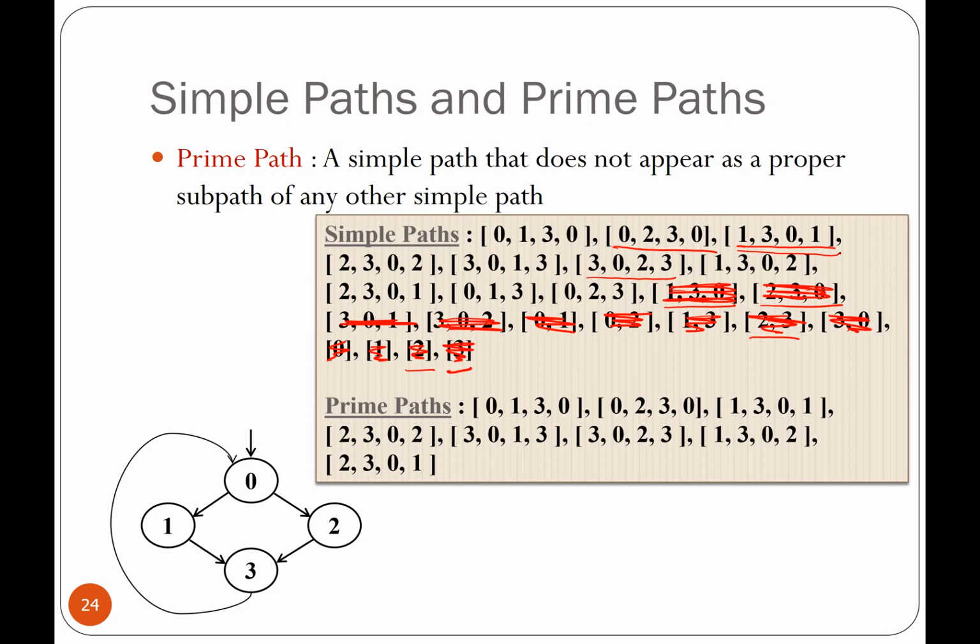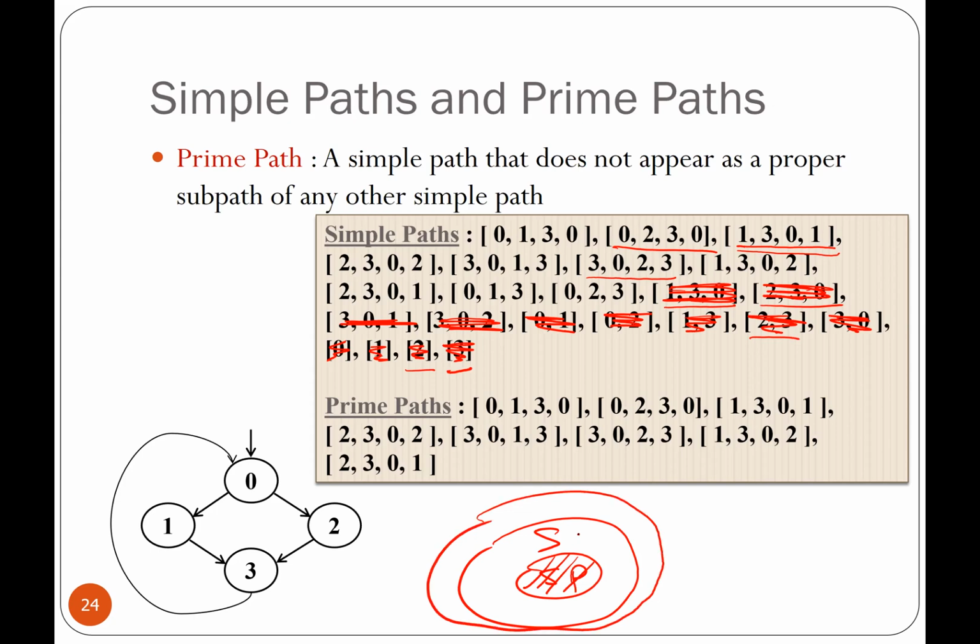And again, you can see I started off with a smaller simple path, and then I found a bigger one, so I crossed out that smaller one as a prime, and then even the bigger one, I found a bigger simple path to make this one not a prime path anymore. Okay, 0, 2, 3. Yes, I find it over here. 0, 1, 3, I find it over there. 2, 3, 0, 1.